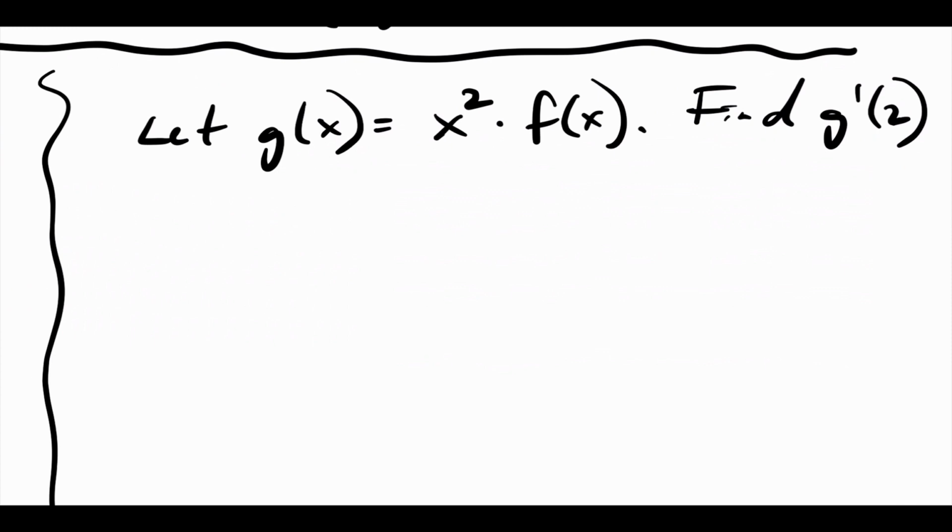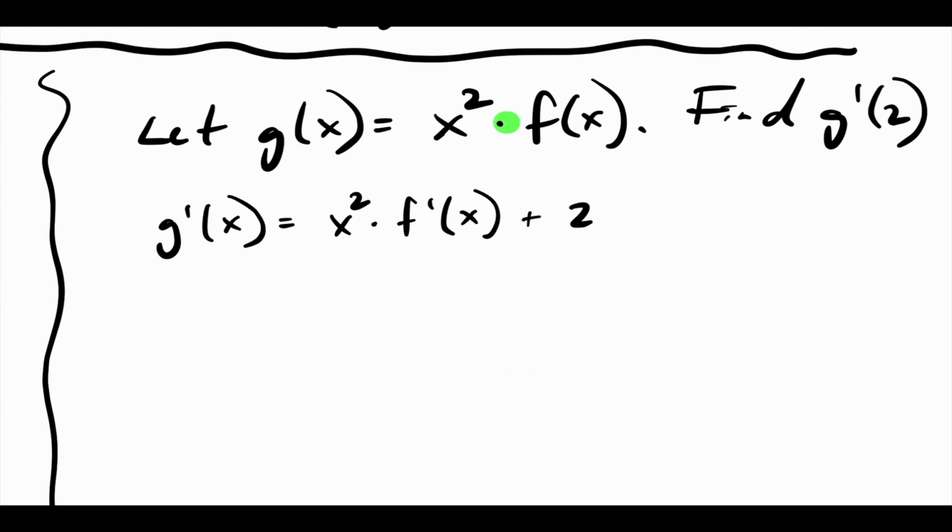This one's a little bit different because instead of subtraction, it's multiplication. So when I found g prime of x, what would I need to use? Product rule. So we'd say the first times the derivative of the second plus the derivative of the first times the second.